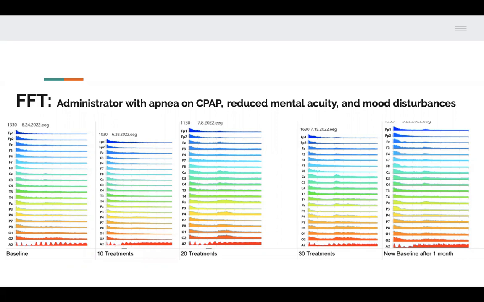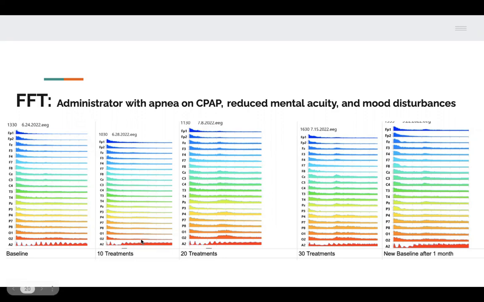She came for reduced mental acuity, anxiety, some depressed mood, and apathy. At baseline, once again, I would call it a smeared pattern. You could potentially see a drawn out alpha band, but I don't think so, but maybe. If there's an alpha band there, it is so diffuse, it's hard to tell.